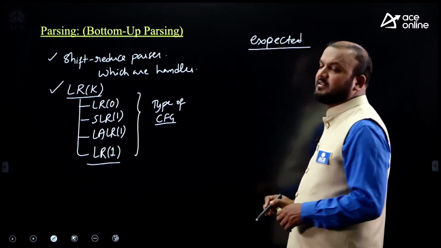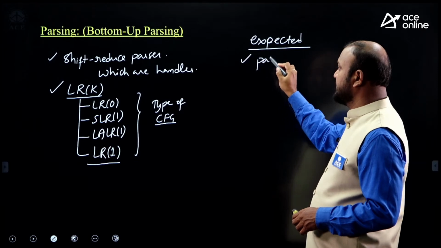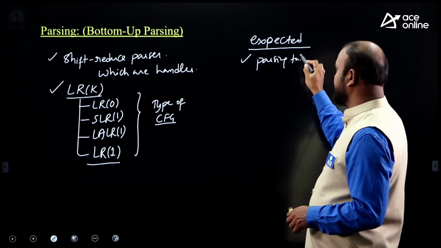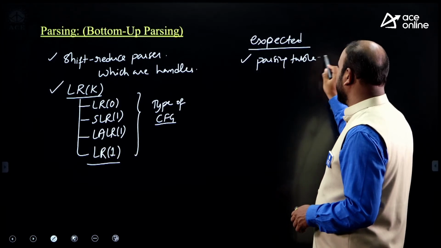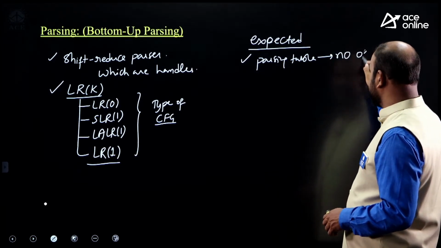So what is expected? The questions may be on the parsing table. Like the questions could be the number of shift entries.